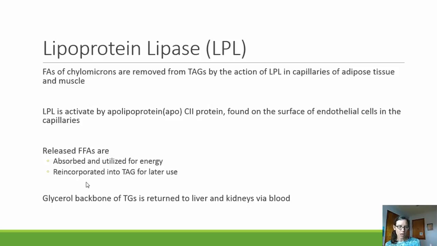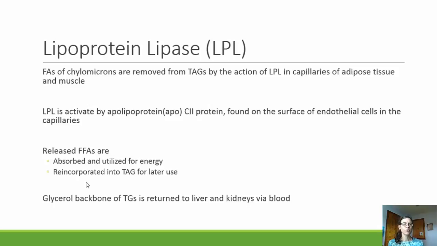Lipase, we know, is an enzyme for lipids, and lipoprotein lipase is a specific type of lipase. While the lipoprotein is moving throughout the body, it can lyse off these fatty acids from the triglycerides and deliver them to different tissues.